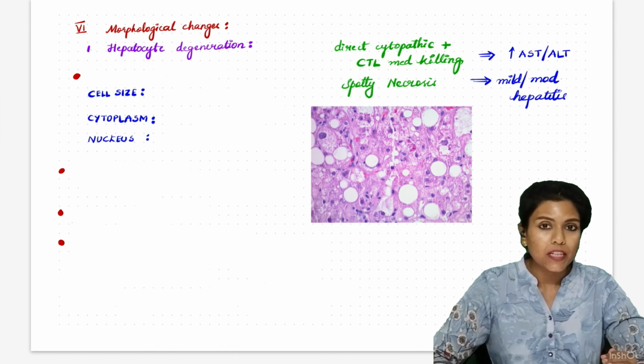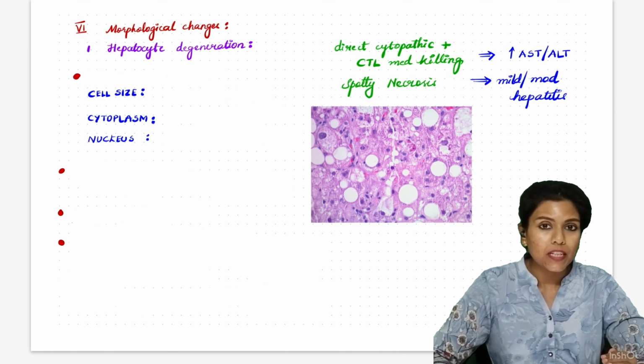It is roughly polygonal or polyhedral in shape. It has granular eosinophilic cytoplasm and a central round nucleus.